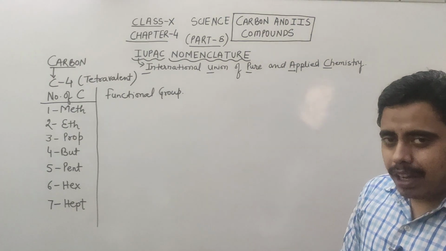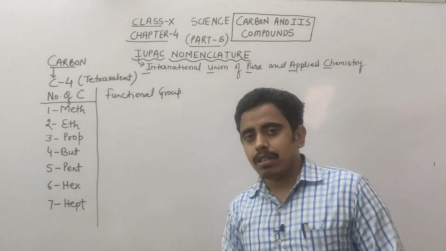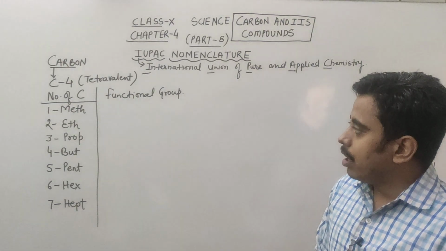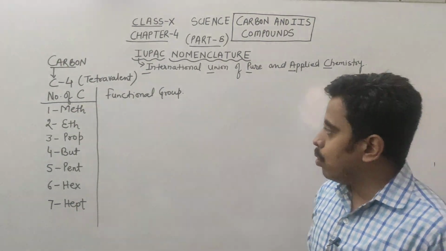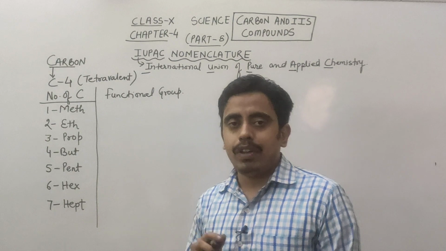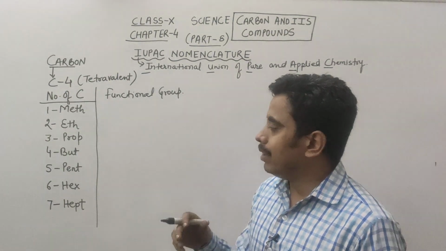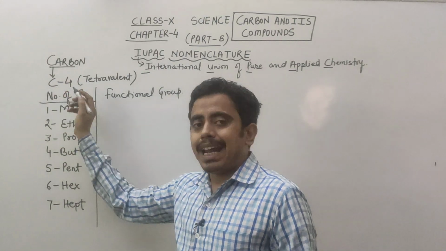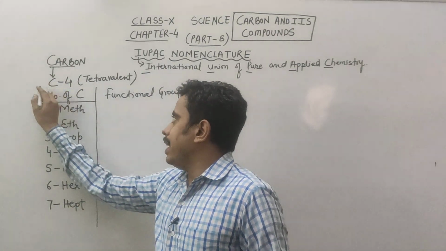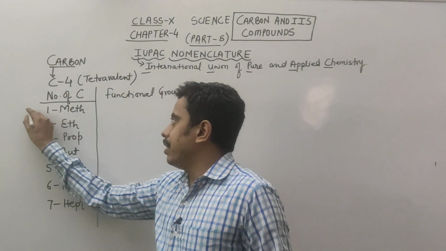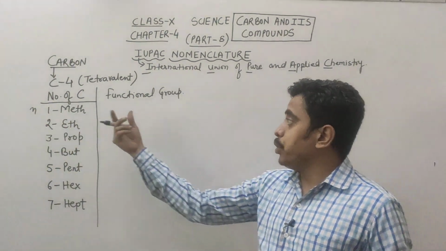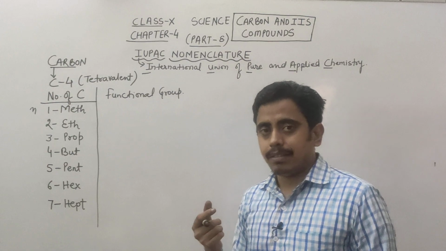So how will we name the carbon compounds? You must know the prefixes we have to use. If the number of carbon atoms, represented by n, is 1, then you use the prefix meth.